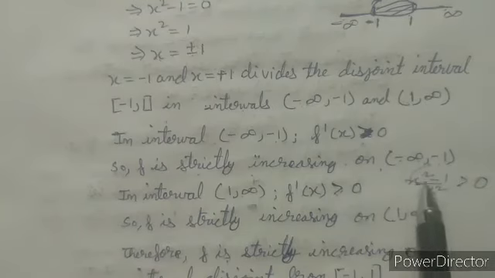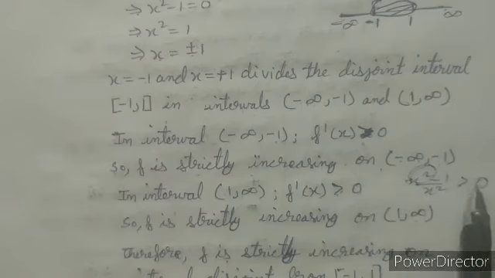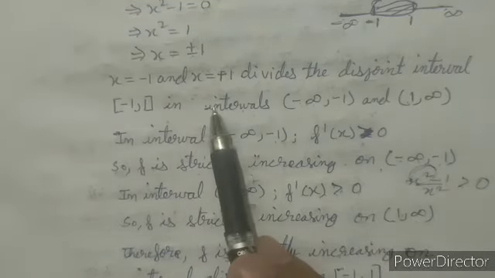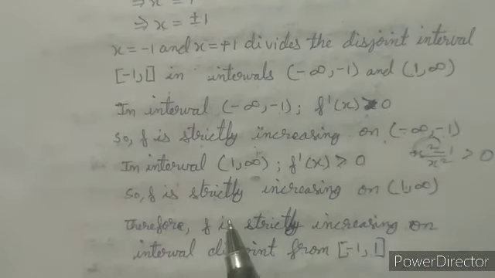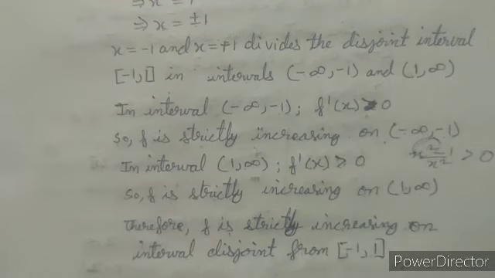Similarly, in interval 1 to infinity, f dash x will be greater than 0, as x square will be greater than 1, and so x square minus 1 will be greater than 0, and thus x square minus 1 upon x square will be greater than 0. So we can say f is strictly increasing in interval 1 to infinity. Thus, f is strictly increasing from minus infinity to minus 1 and from 1 to infinity, which means that f is strictly increasing on an interval disjoint from minus 1 to 1.